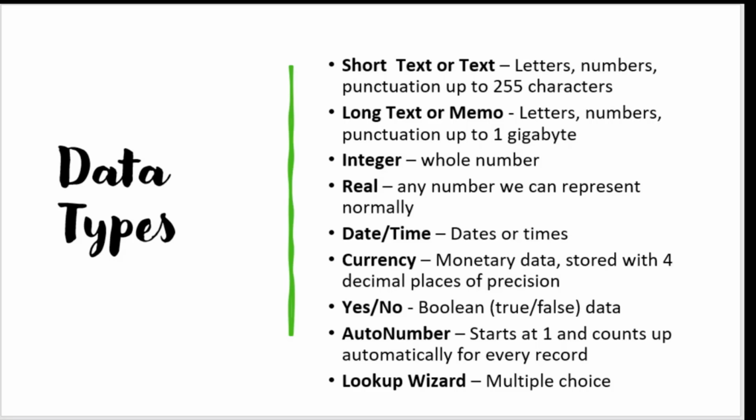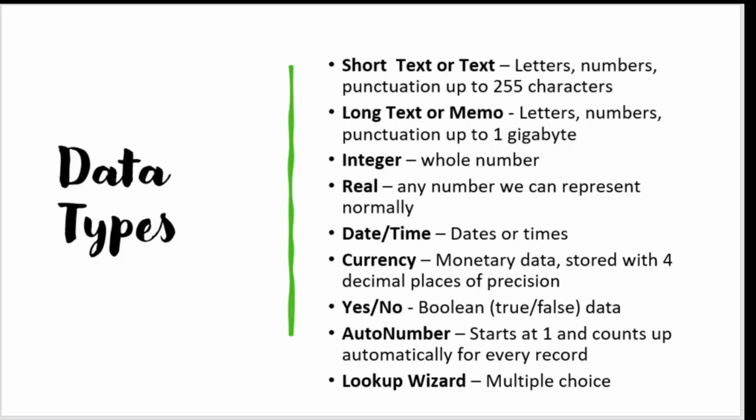In terms of your auto number, so your auto number is a number that starts at 1 and you will count up automatically. Okay, so this is obviously, for example, when you're using your database and you want to have a primary key, so that little key in your database that requires a number that is always unique, which means that you want an auto number because you want something that is always counting up. So it's never going to be repeated.